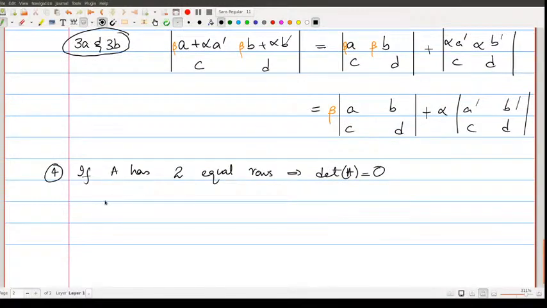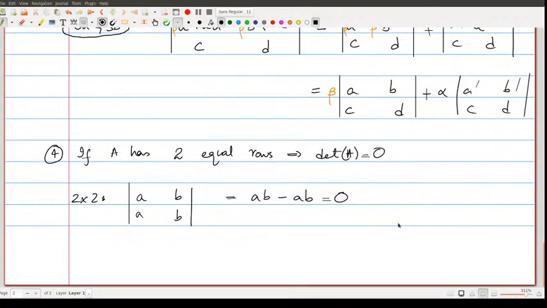We can check that in the 2 by 2 matrix. Let's verify that this holds. A, B, and A, B. Let's say these are the two equal rows. If I try to find the determinant, it's just AB minus AB equals 0. And that checks out.